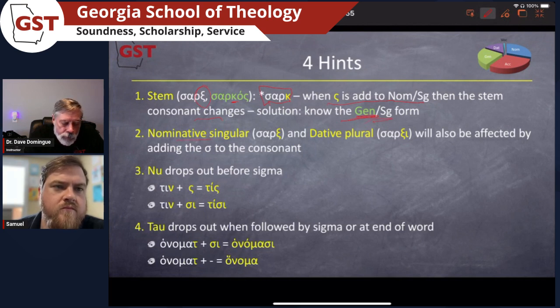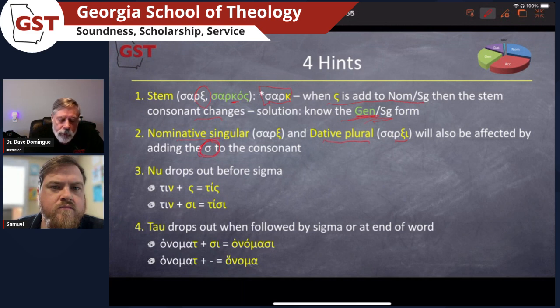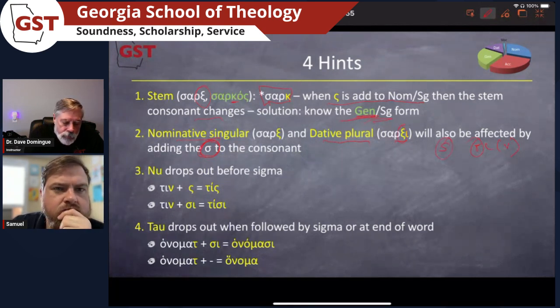The nominative singular for sarx and the dative plural for sarx will be affected in the same way because they both come up against the sigma, right? The nominative case ending is a sigma. The dative plural case ending is a sigma iota plus a movable nu. And so in both cases, they come up against the sigma, which affects what happens to that consonant.